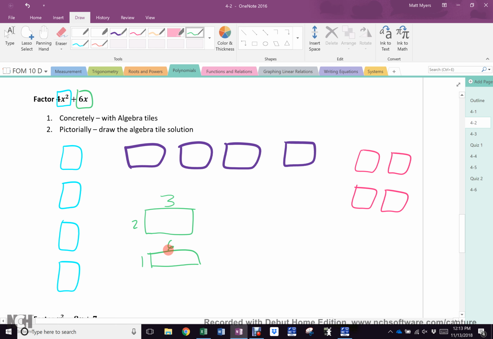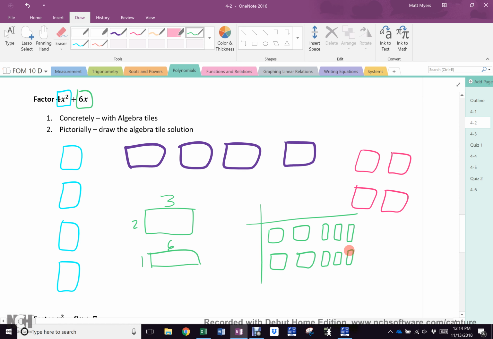Which one of those works with one of my 4s? 3 by 2, doesn't it? Because I got 2 there and I got 2 there. 2 is common, yes? So I'm going to take this and I'm going to draw it. I know I need 4 big guys. And now I need 1, 2, 3, 4, 5, 6 of them, yeah?